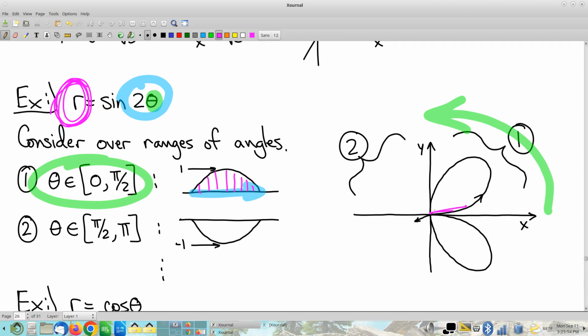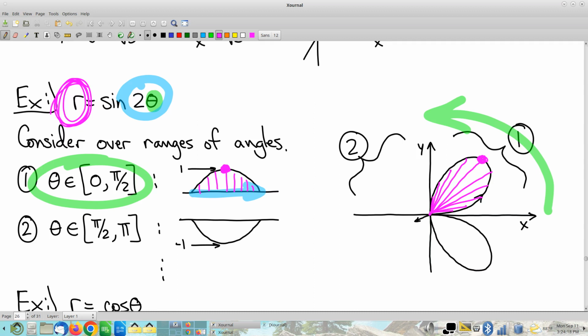Putting all that together, theta is small, r is increasing, theta is increasing, and eventually r reaches a maximum there when we're sort of halfway through. And then from there it starts to decrease as theta continues to increase until it gets back down to 0 when we're done.